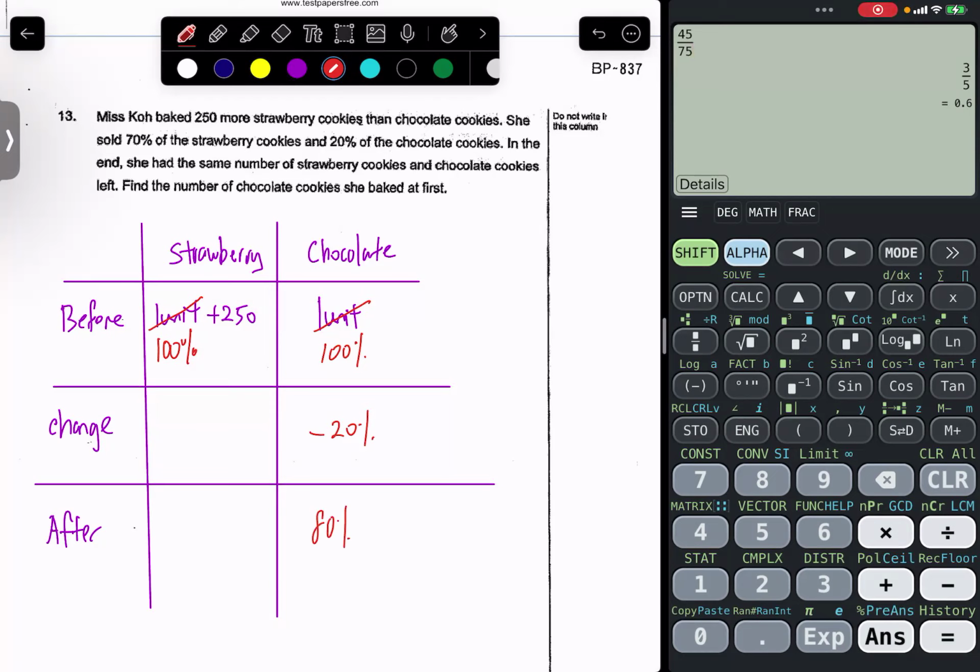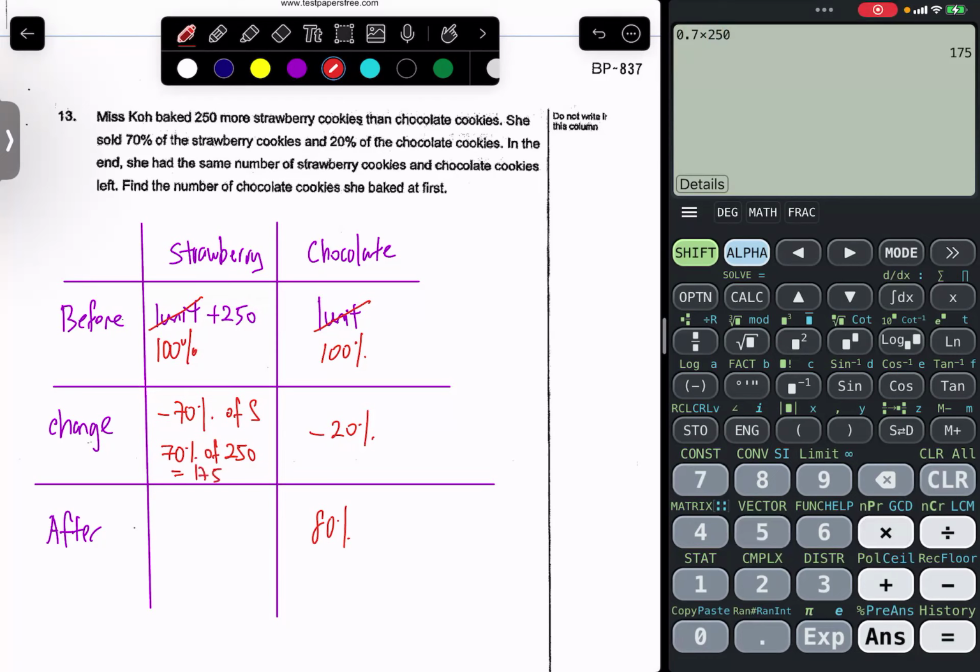Now, but we are going to minus 70% down here. But this minus 70% is minus 70% of the strawberry. So which means that it is going to have two changes. It will be minus 70% of that 100%, which is 70%. But we also need to minus 70% of 250, which is equals to 0.7 times 250, minus 175.